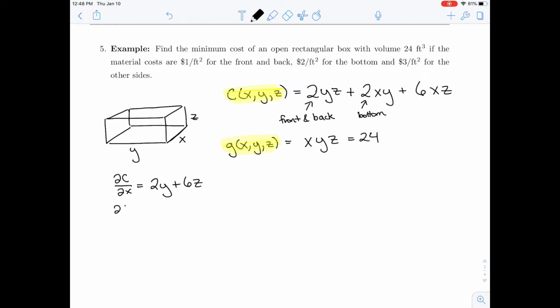The derivative of c with respect to y, the first derivative is going to be 2z, the second one is going to be 2x, and the third term is 0. And the derivative of c with respect to z, that's going to be 2y. The derivative of the second term is going to be 0, and the derivative of the third term is going to be 6x.